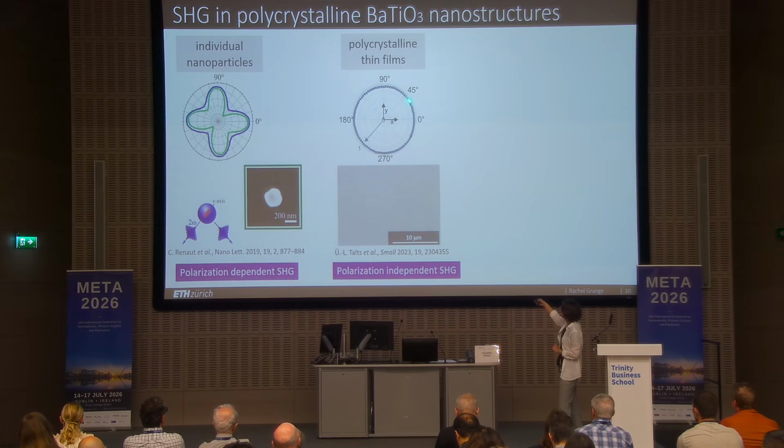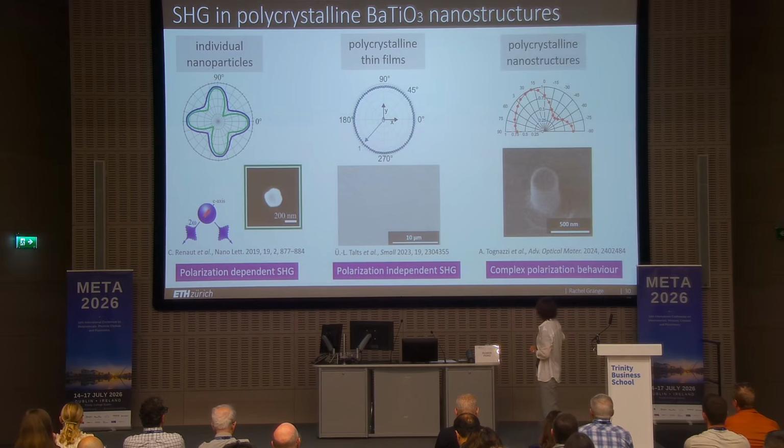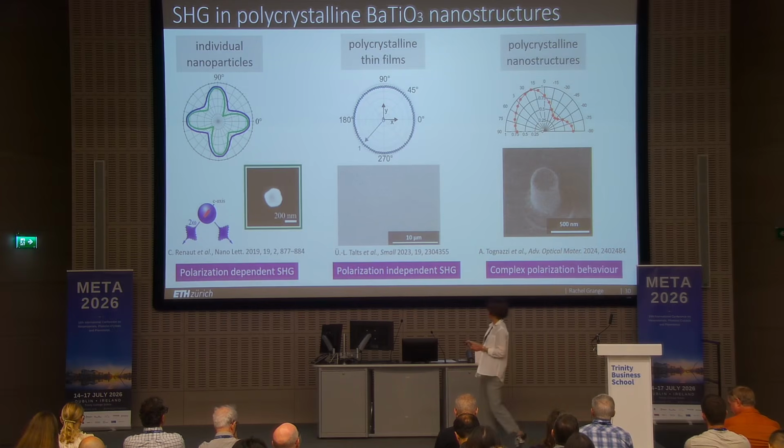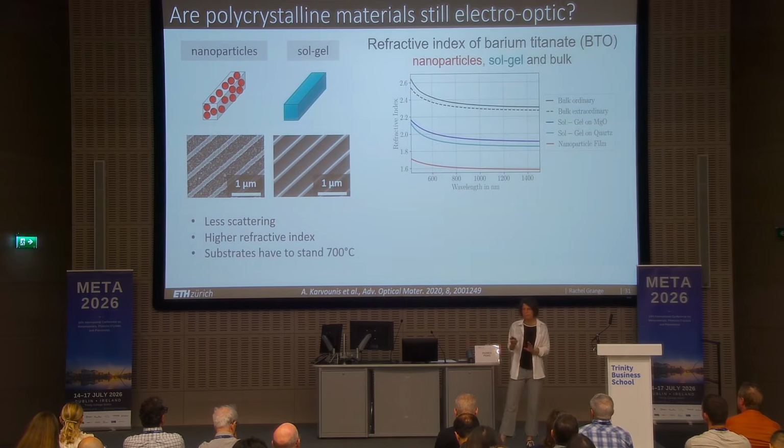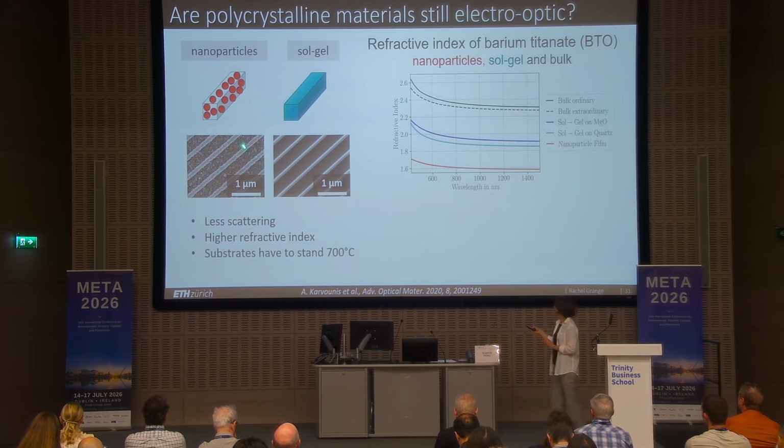So your polar response is totally independent of it. And now when you start to structure your sol gel, of course you start to have dependency on the polarization again, so a complex polarization behavior, because you have some structure and you start to have responses in your polycrystalline structure.